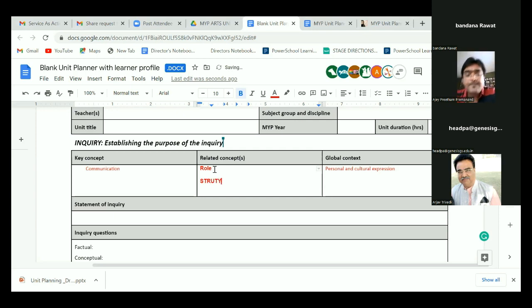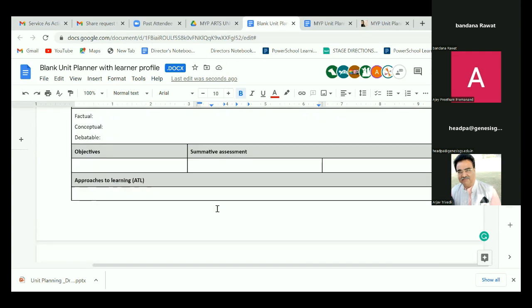We are looking at another related concept. Okay, I can see someone writing, what is the difference between drama and theater?